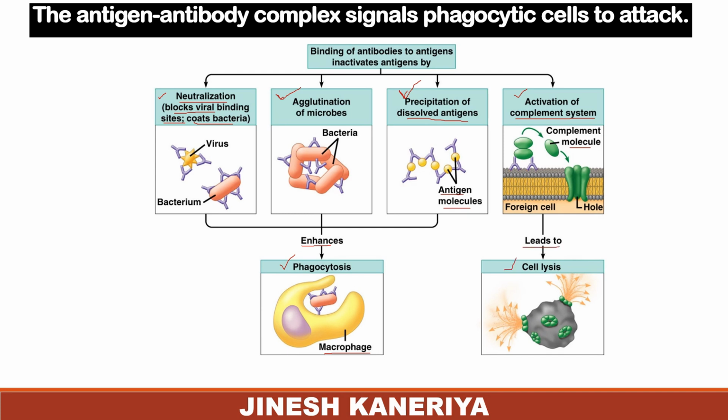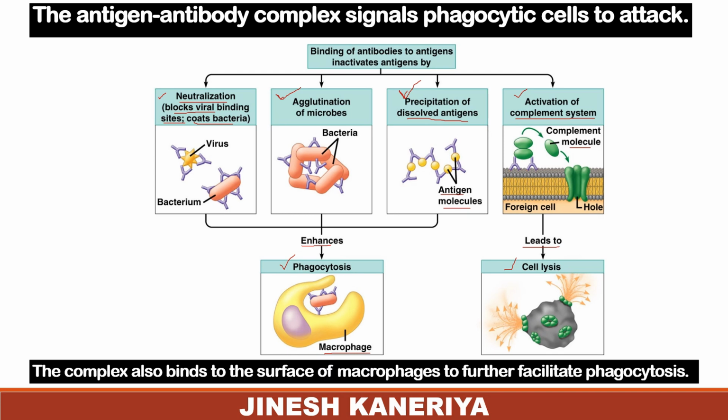After the generation of pores in the infected cell, it is lysed due to the imbalance of osmotic pressure between the inner and outer side of the infected cell. The complex also binds to the surface of the macrophage to further facilitate phagocytic activity.